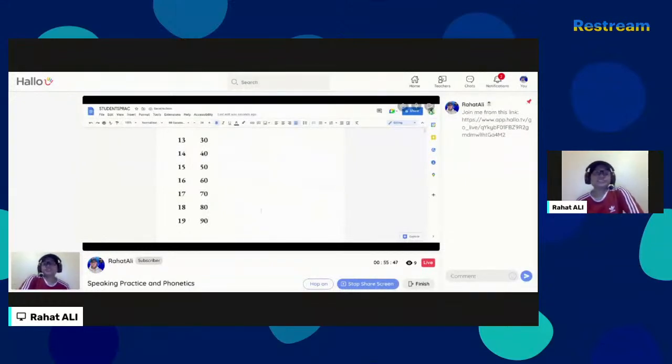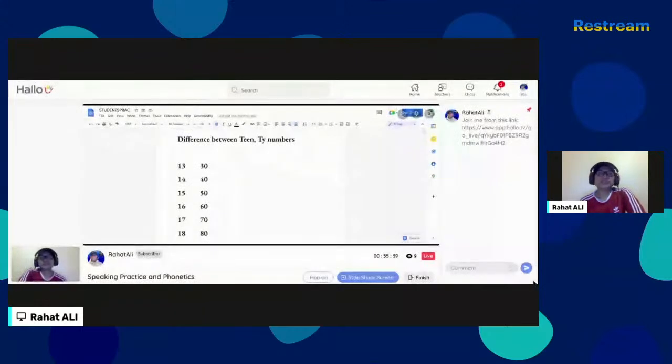All right, so these are the T numbers. Very often we get confused when we listen to someone else or when we try to pronounce them as well. So why does it happen? Possibly there are two reasons. Number one, when we are trying to pronounce them, we don't pronounce them correctly.